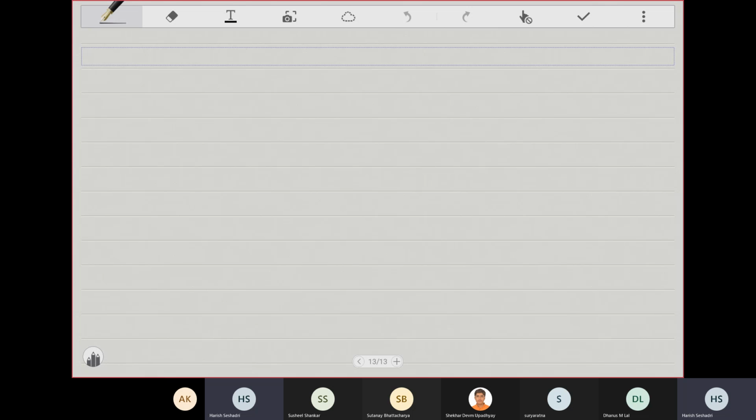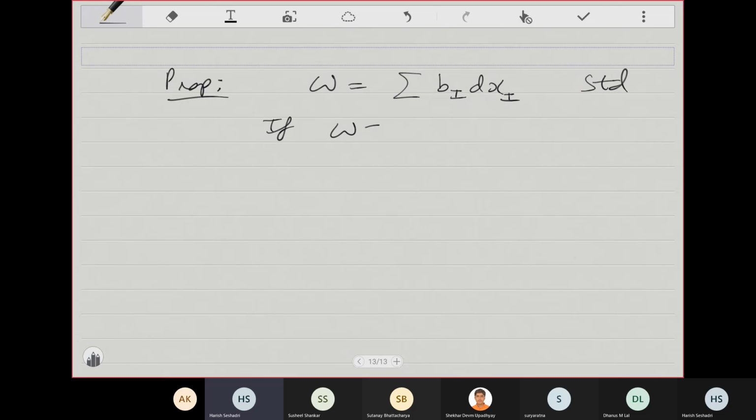Now, I'll just take 5 minutes and finish the statement that I had made earlier: that if omega is something more elementary, all these functions are 0.